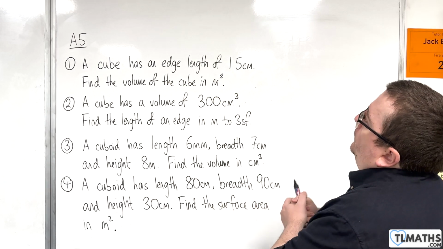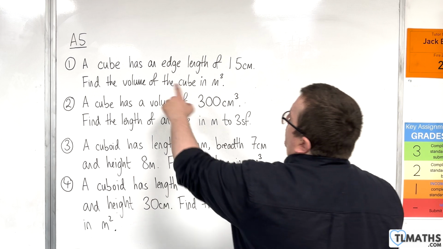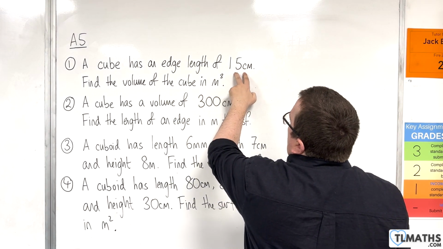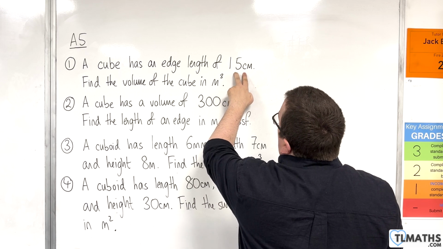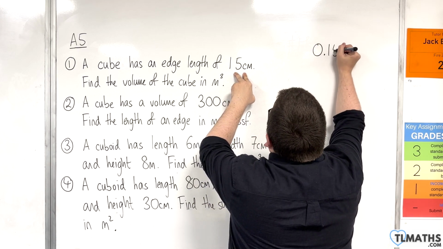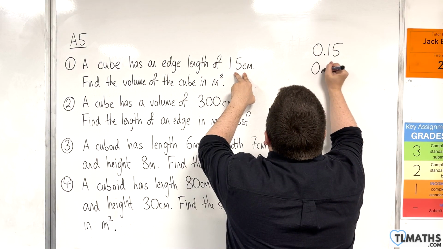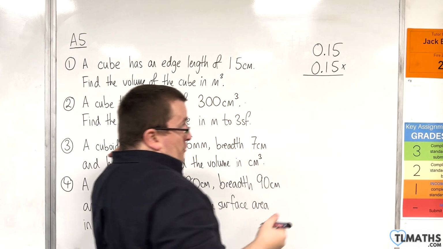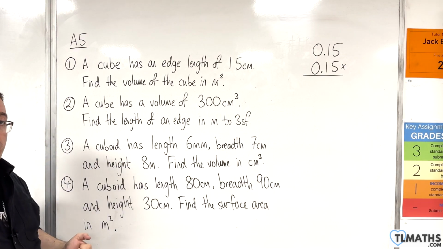Okay, so because we want the volume in cubic metres, it probably makes sense to convert this into metres first. So 0.15, and we need to multiply that by 0.15. Now that's going to get me the area of one of the faces.